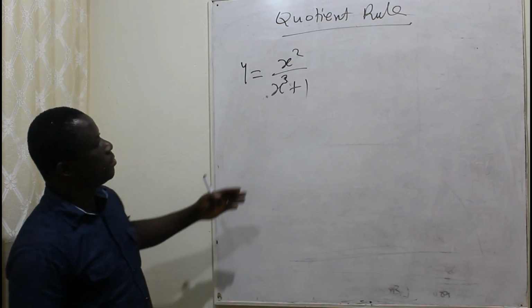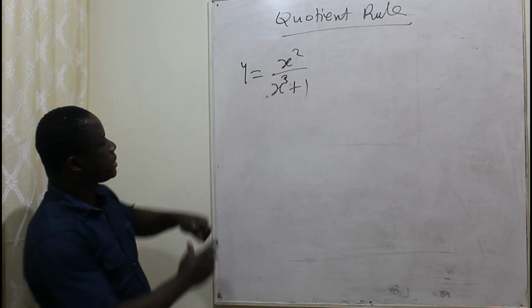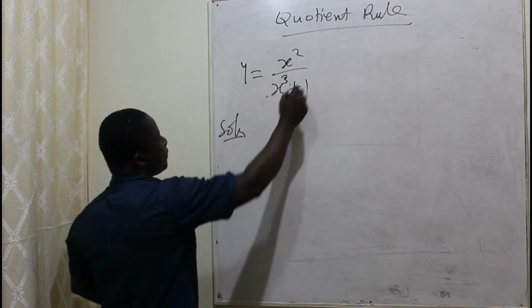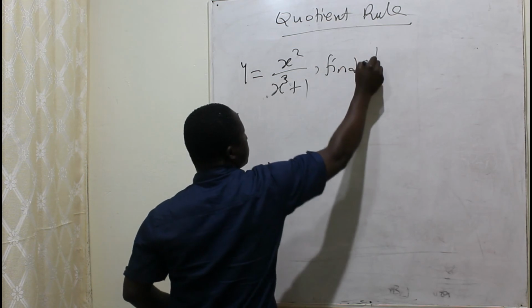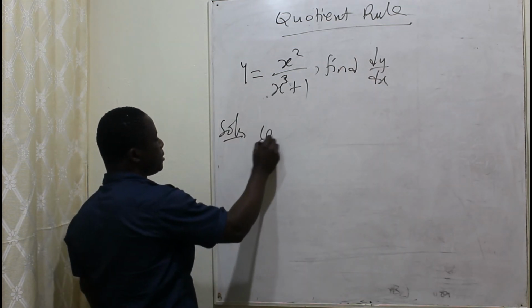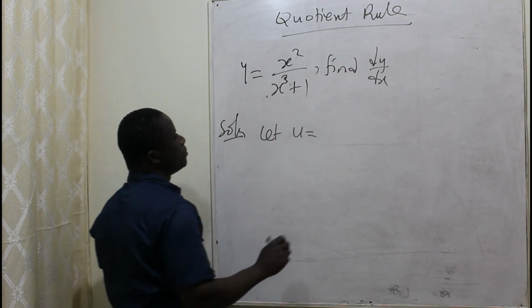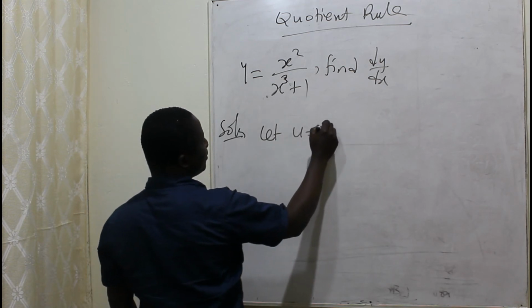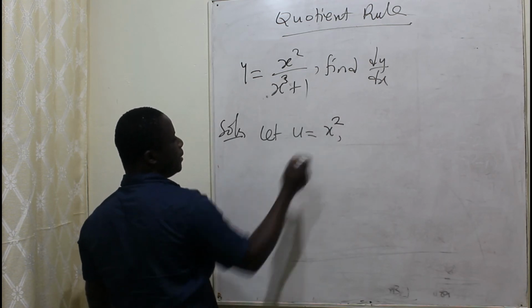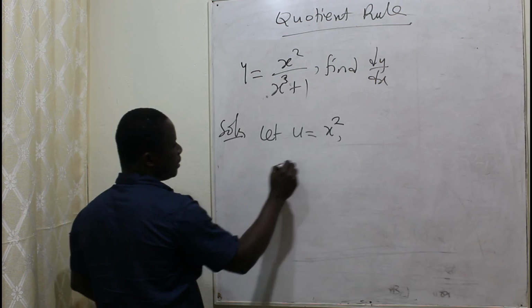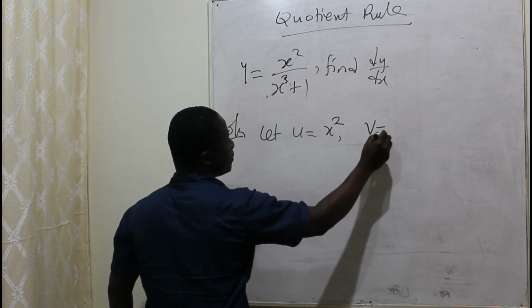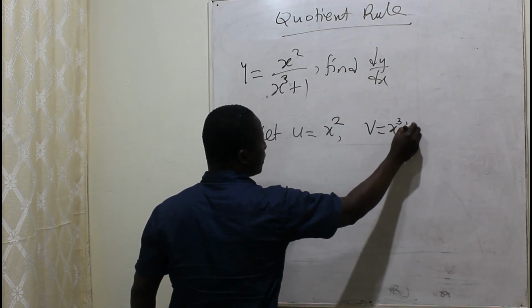Solution. So let u be equal to x squared. Then we have v to be equal to x cubed plus 1.